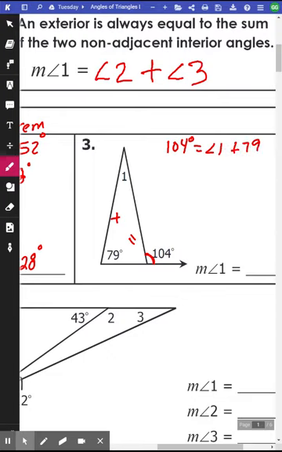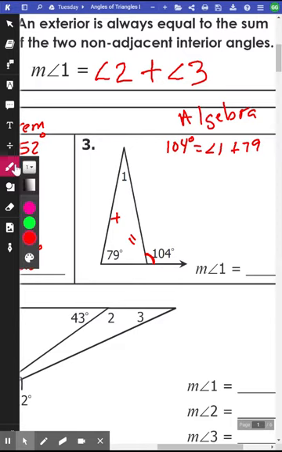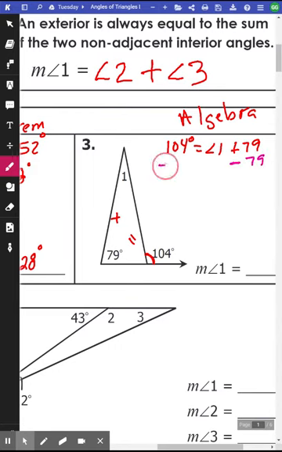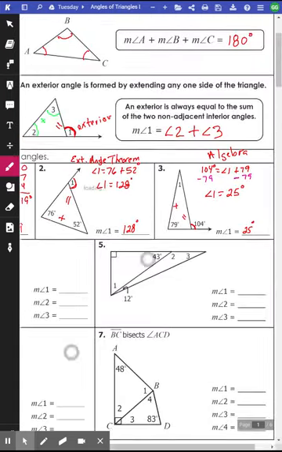This is just algebra. All right, I'll stop being ridiculous. Subtract 79 from both sides. That leaves me with angle 1 equal to 25 degrees. Seems easy enough.